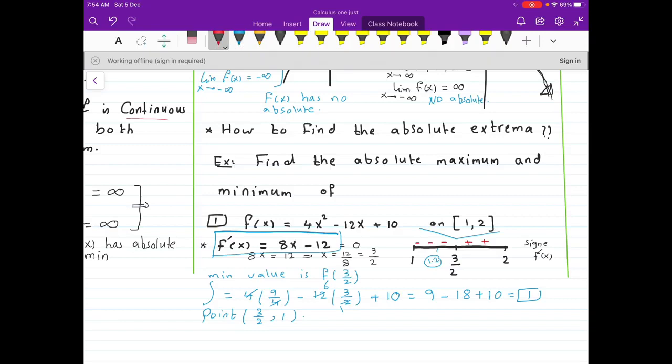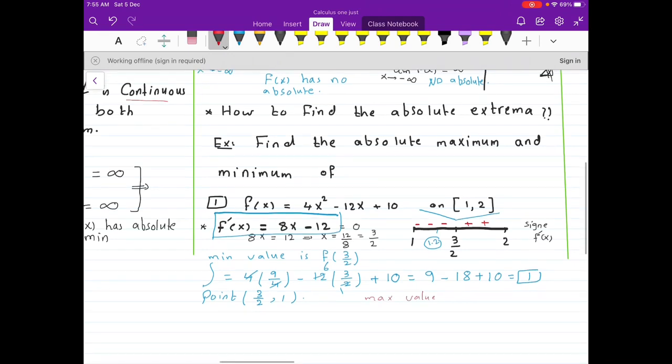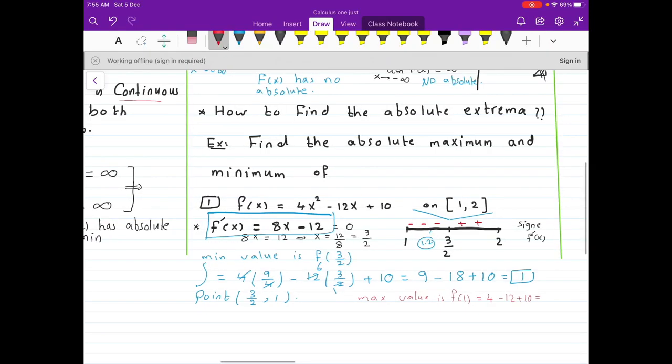Find f of 1. So the maximum value candidate is f of 1. f of 1 equals 4 minus 12 plus 10, so 4 minus 12 is minus 8, plus 10 is 2.